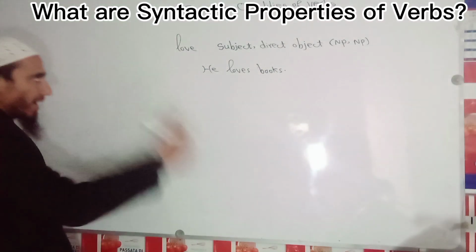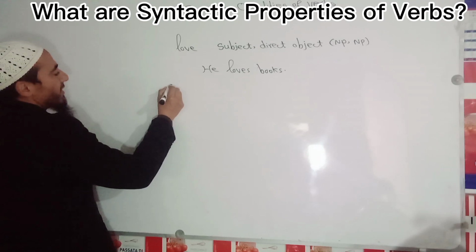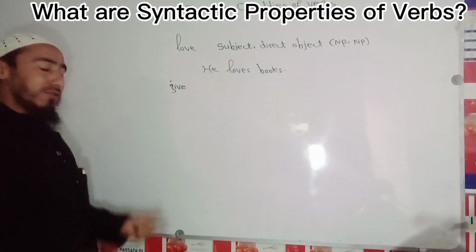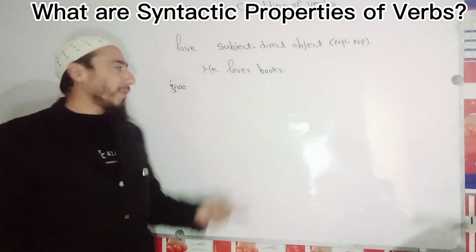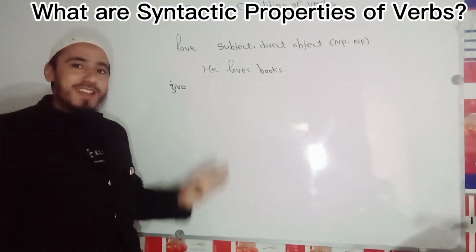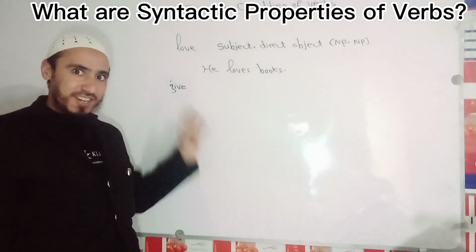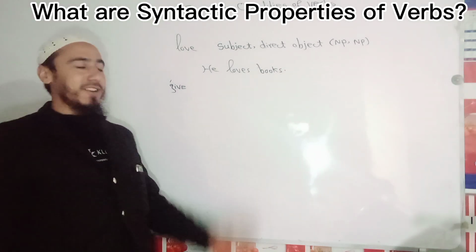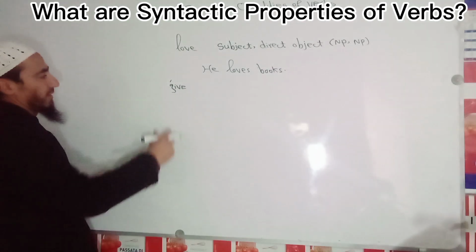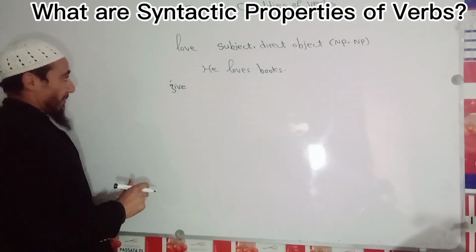Okay, I'm writing another verb. The one is give. Even without writing the properties and the arguments for it, I know practically that it needs three arguments. It requires three arguments. So it's kind of three properties.